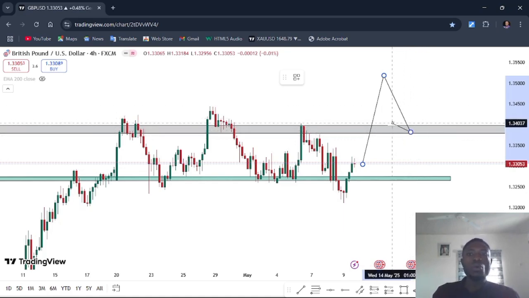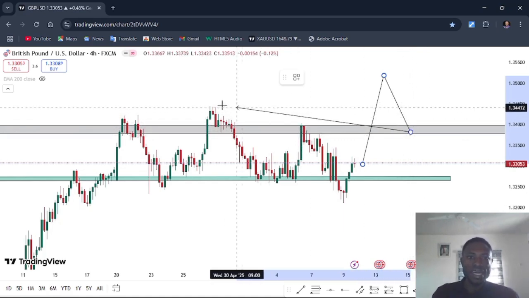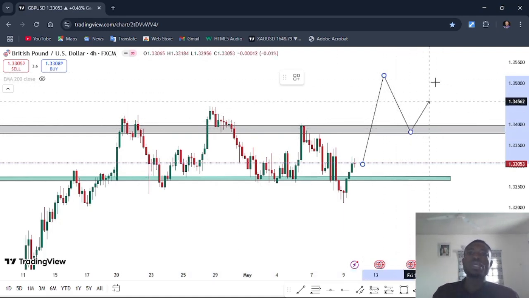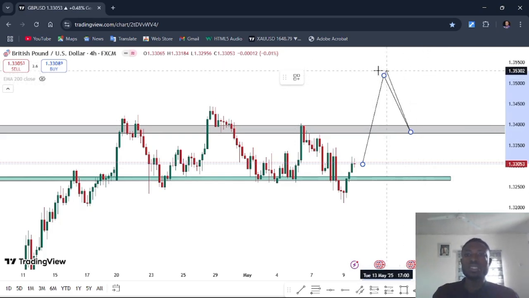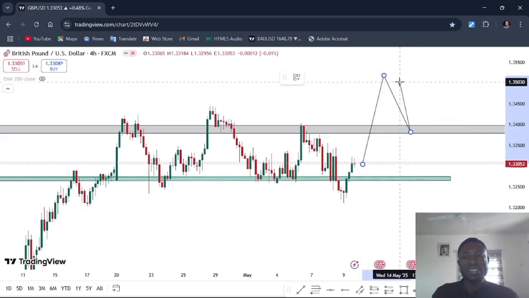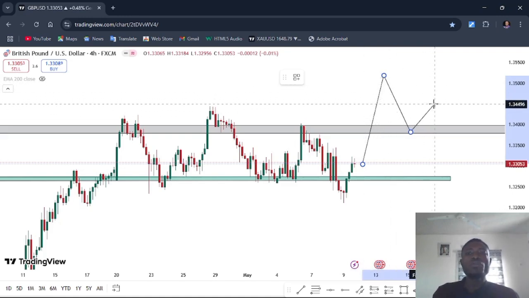I repeat, I will wait for price to clear this high and this, make a retest, then I will start looking for buying opportunities. How long will it take this to happen? I don't know. But until I see that, that is when I will start looking for buys.